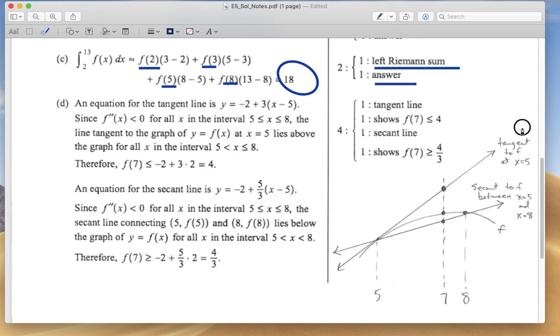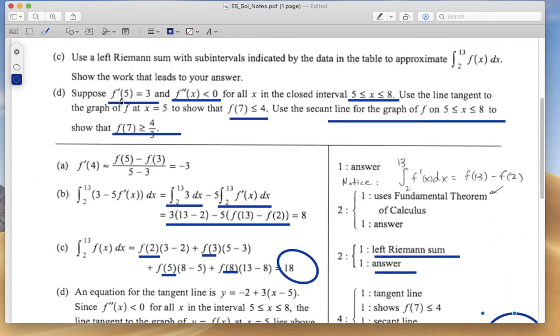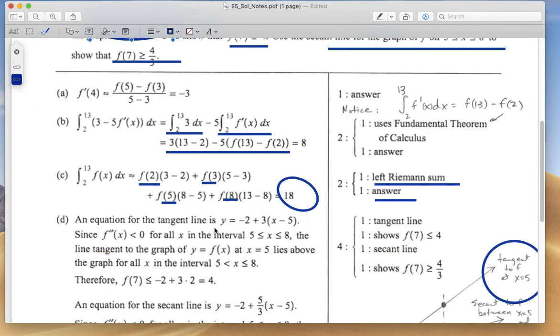So, can we find the equation of the line tangent at x equals 5? Well, what do we need to find the equation of a line? We need a point and a slope. How do I find the slope of this? Well, it's the slope of a tangent line, so I would need the first derivative of f at 5, and sure enough, they gave it to me right there. So I know the slope.